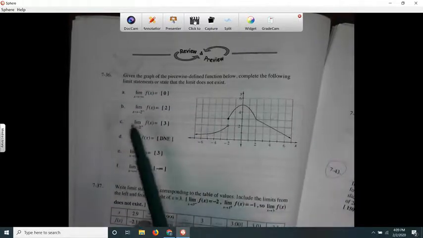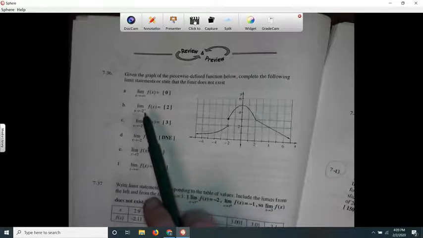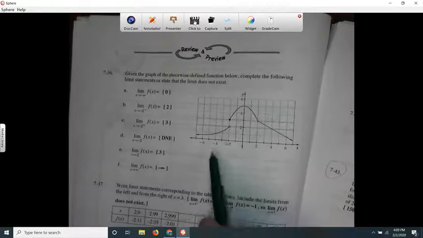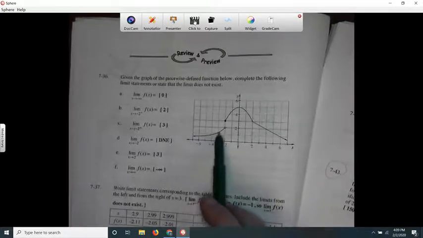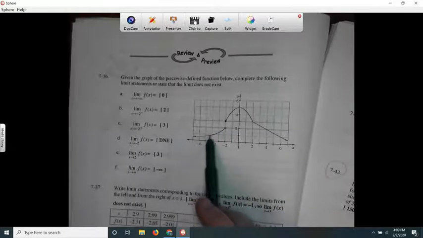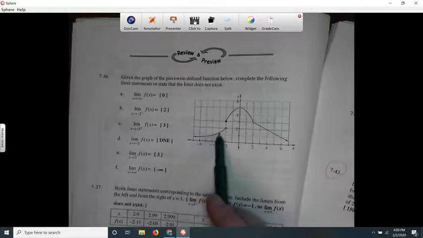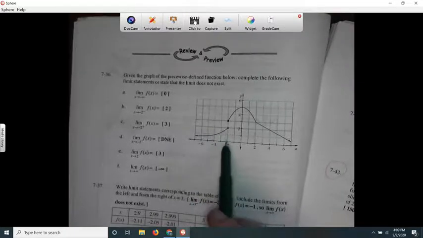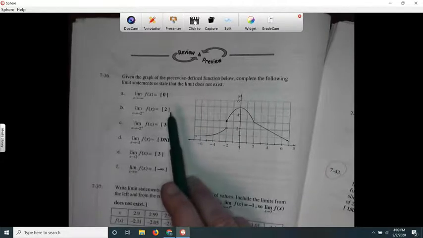Okay, so for this one, we're going to approach -2 from the left. So we're going to find -2, and we're going to approach it from the left. What do our y values tend toward? The closer we get to -2, the closer this graph gets to 2. So that's why the answer is 2 there.